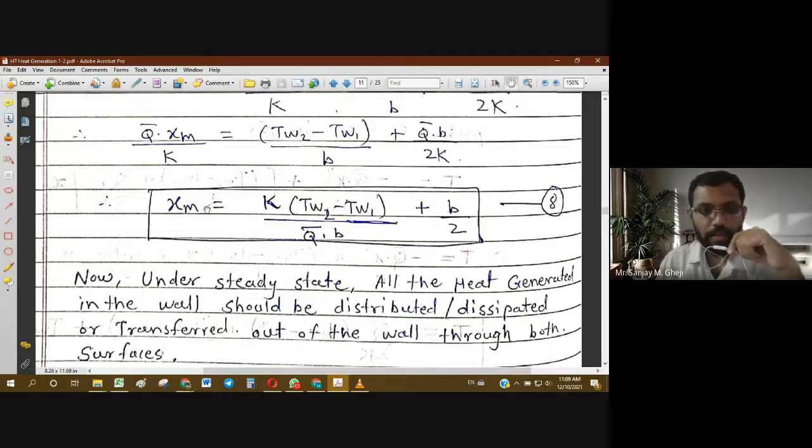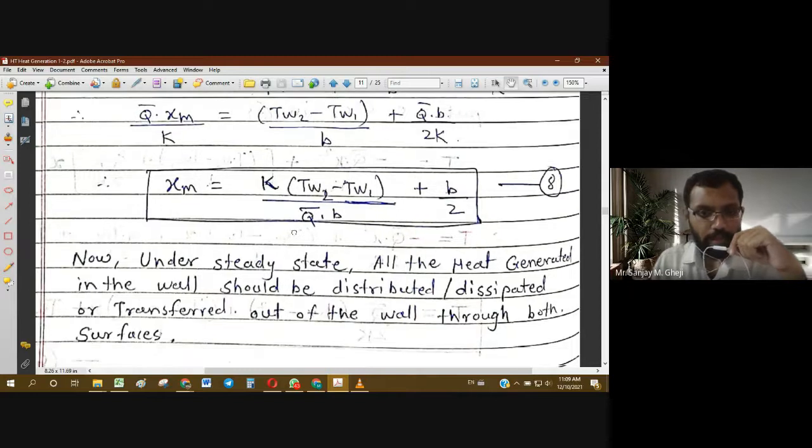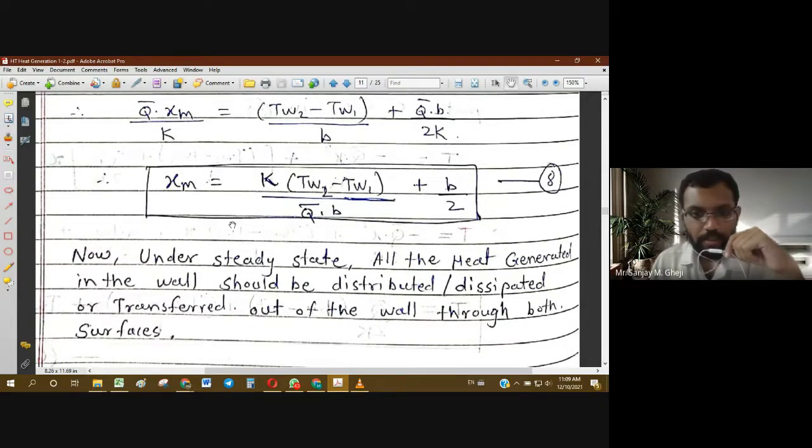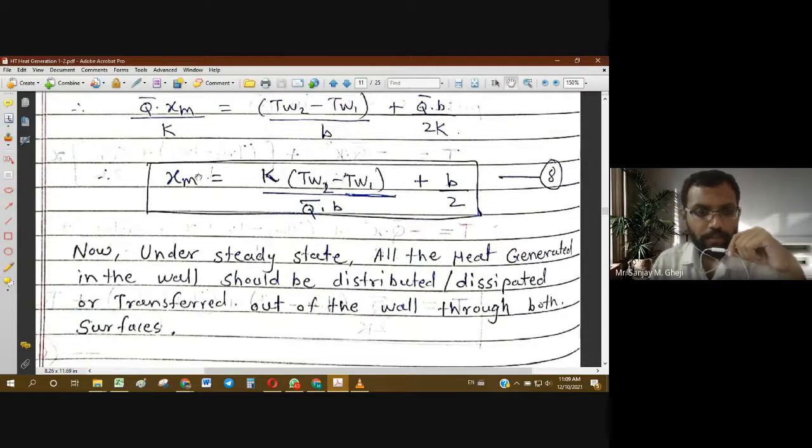Whenever we want to find the position of maximum temperature, we will use this equation, and if we know all the values such as q bar, k, b, Tw1, Tw2, and put them together, we will certainly get the value of xm in meters.